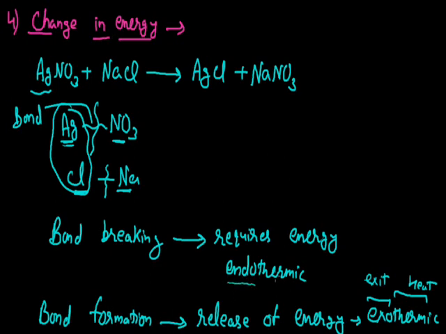So here we can see that whenever a chemical change occurs, both exothermic and endothermic processes occur. But the net result decides what the net energy change is in a chemical change.